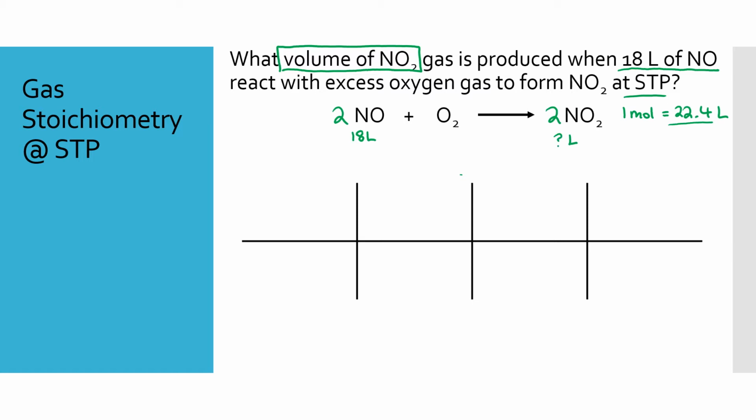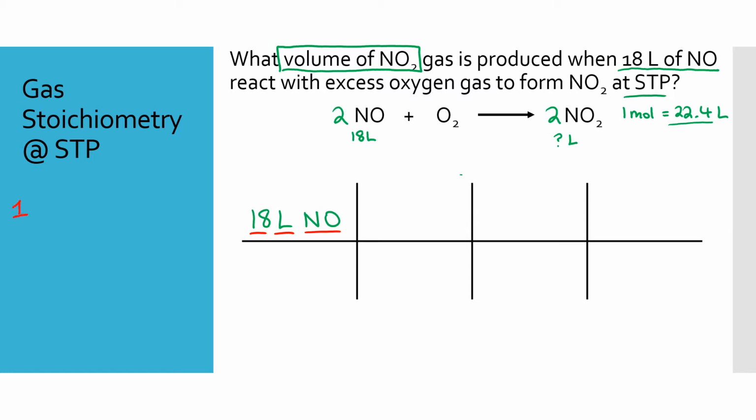So what do I put in the first step? I put down the number that is given to us. I must have number, unit, and substance, always. And I always have to ask myself the first question when doing stoichiometry.